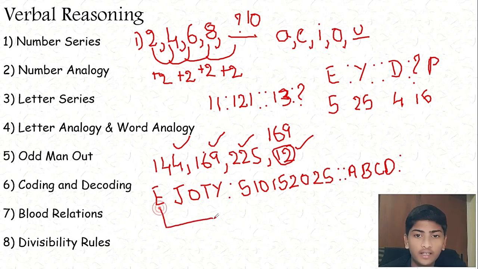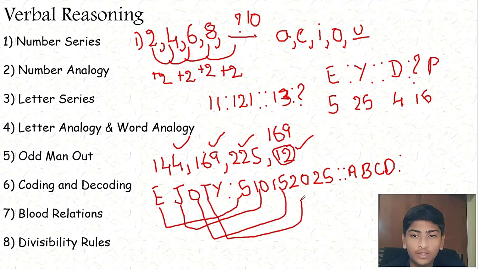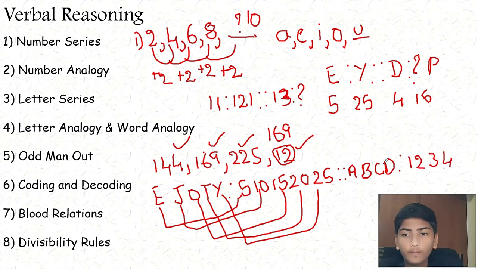Here E's position is 5 and J is 10, O's position is 15, T's position with respect to number is 20 and Y's is 25. Here A's position with respect to number is 1, B is 2 and D is 4. This is how word coding or decoding works.